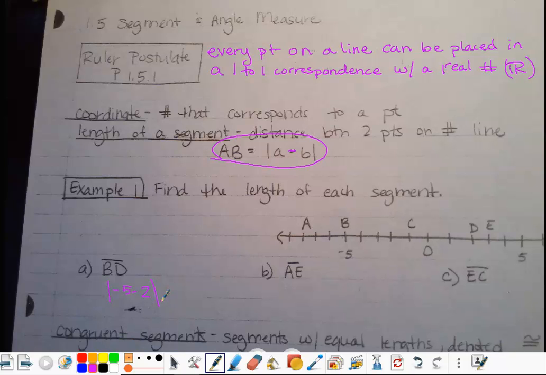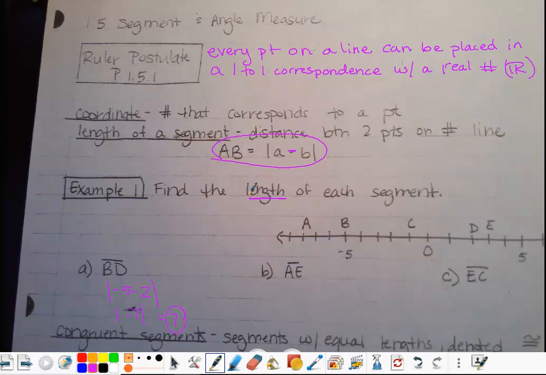Good. So what is -5 minus 2? It's -7, which equals 7 because it's an absolute value, because it's a distance or a length. We can't have a negative length.